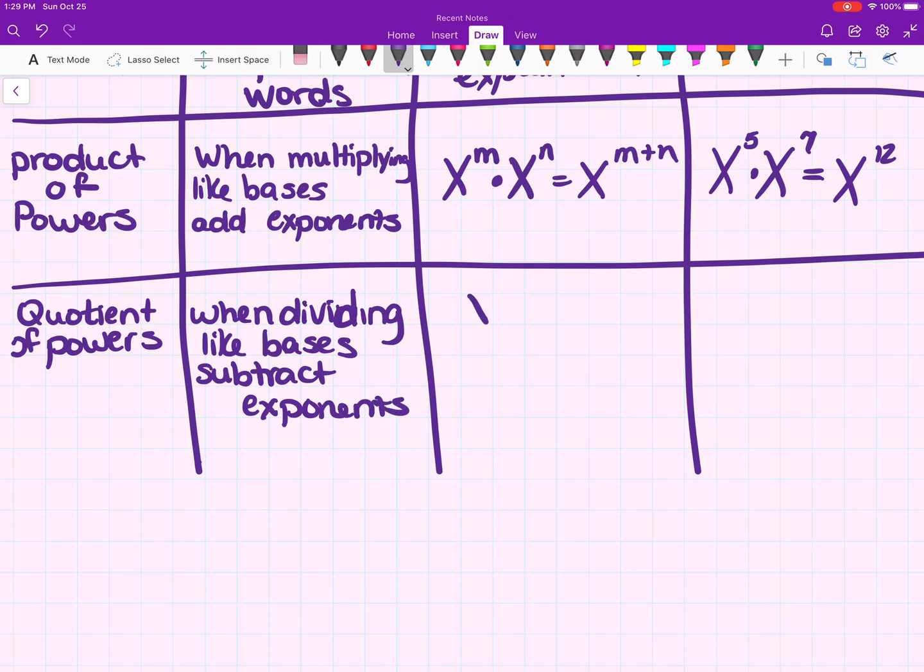So for example, if we have x to the m over x to the n, that's division. So it'll be x to the m minus n. If we had it as x to the 7th over x to the 5th, that would be x squared.